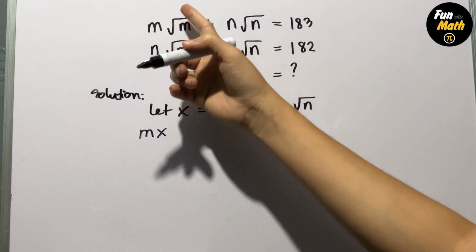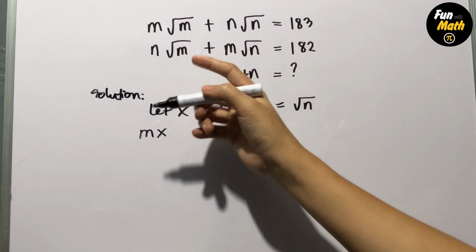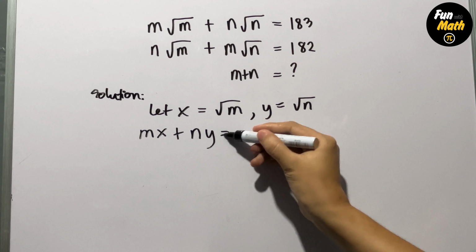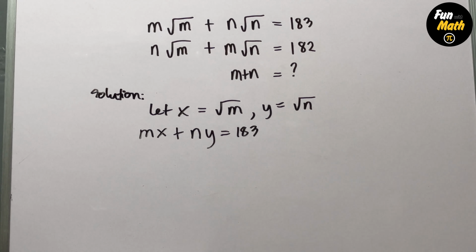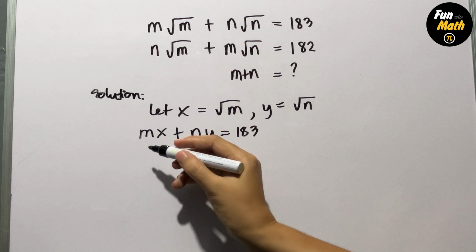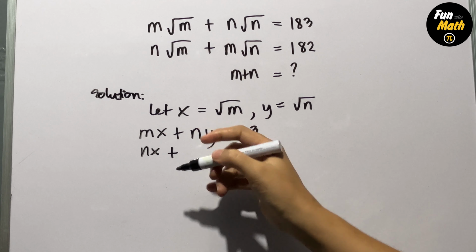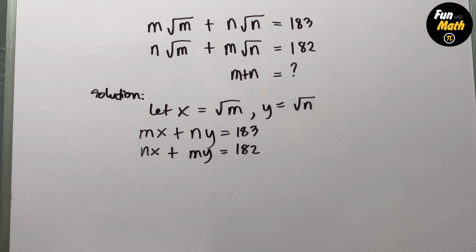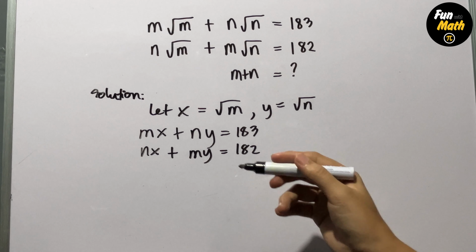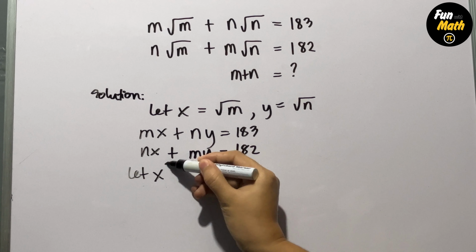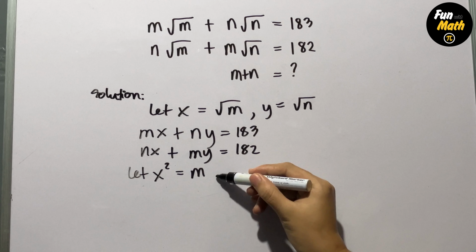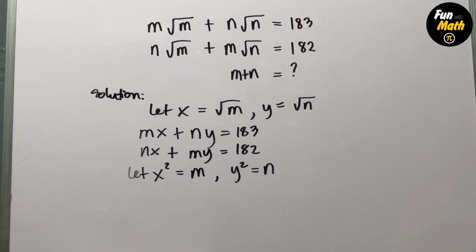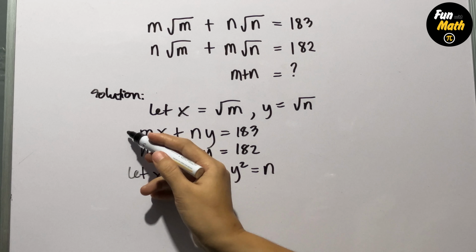Instead of writing square root of m, replace it with x. Another, we have nx plus my equals 182. We can also let x squared be equal to m, and y squared be equal to n.